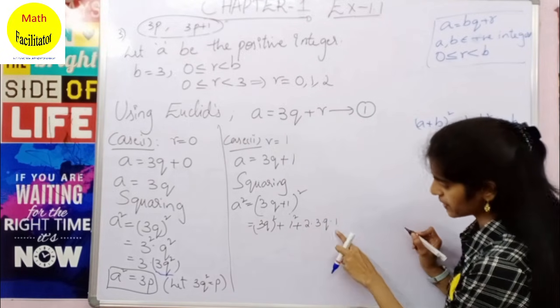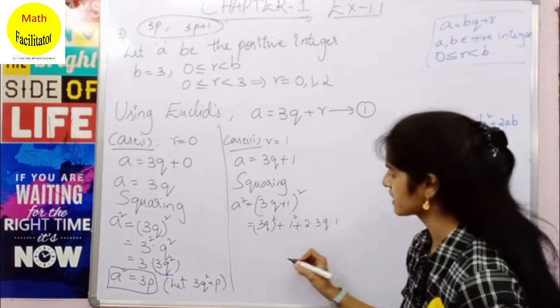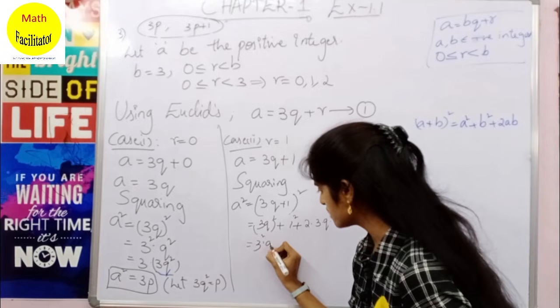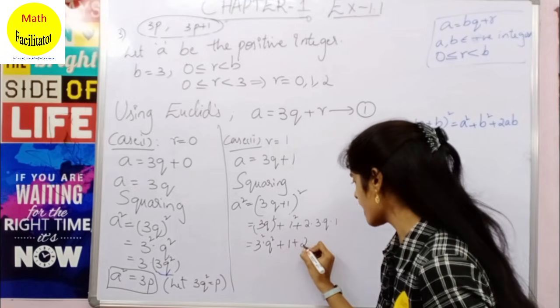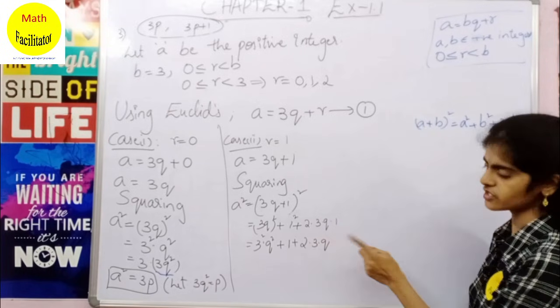Here these dots represent multiplication, so don't get confused. Now let me separate the powers here. So it is 3 square into q square plus 1 square, which is nothing but 1, plus you have 2 into 3 into q multiplied by 1, which gives you the same thing.